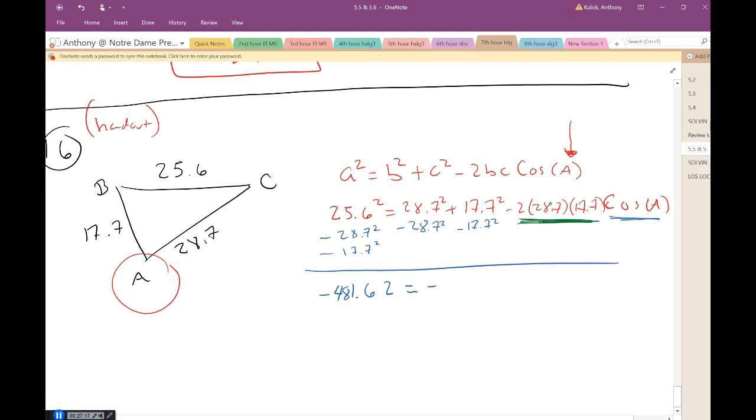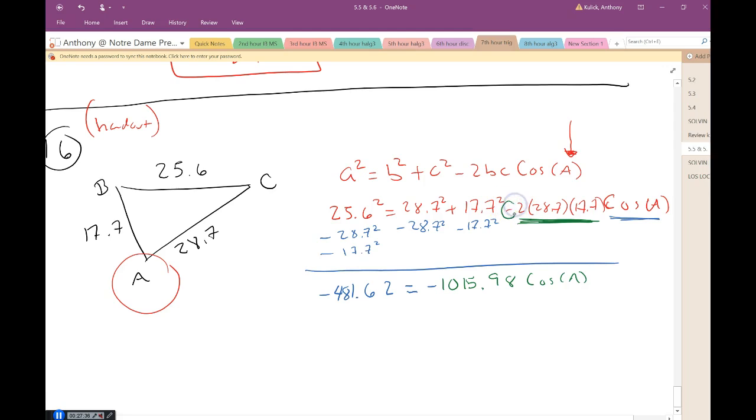So negative 2 times 28.7 times 17.7 gives me negative 1015.98 cosine A. Is everybody okay with that?